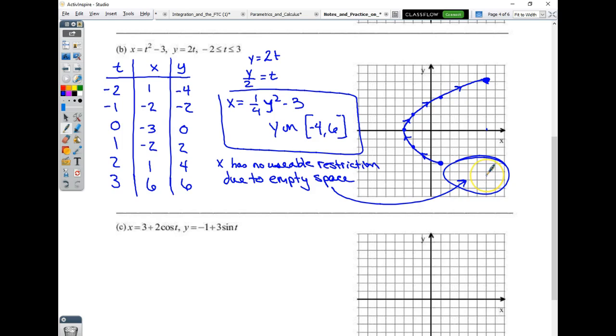At t equals -3, now I realize that this is limited, but if I only want to go from -2 to 3, but I tell you all x's from here to the 6, I've included t's that I can't use. So in this problem, the x cannot be a restriction, only the y.